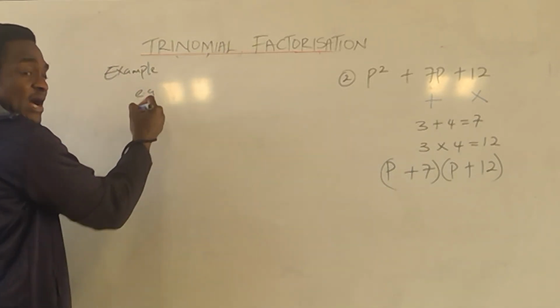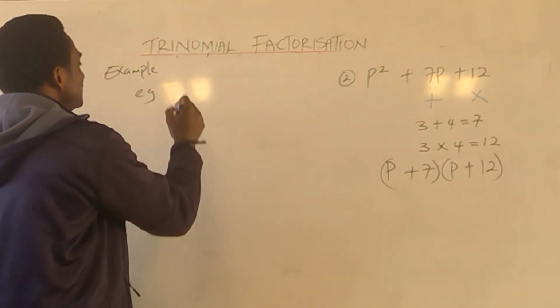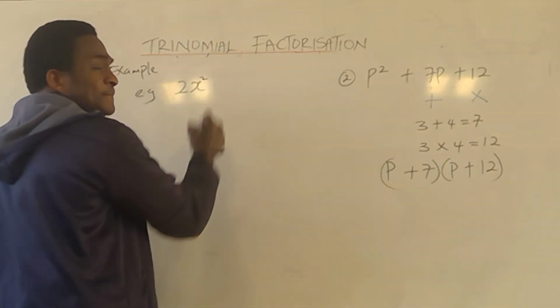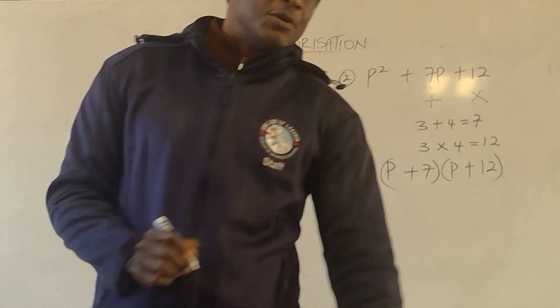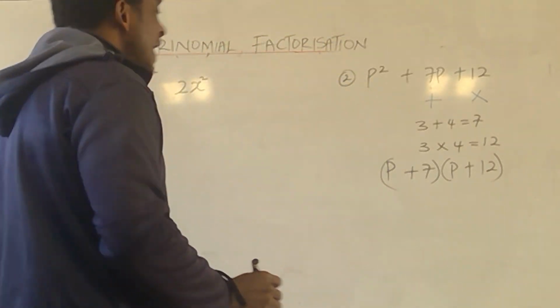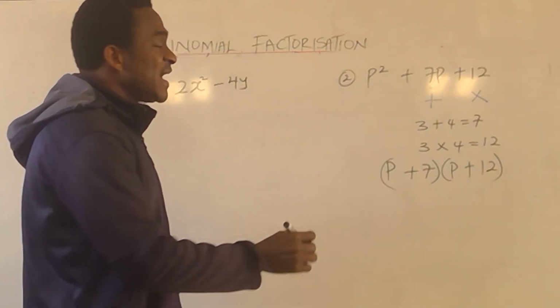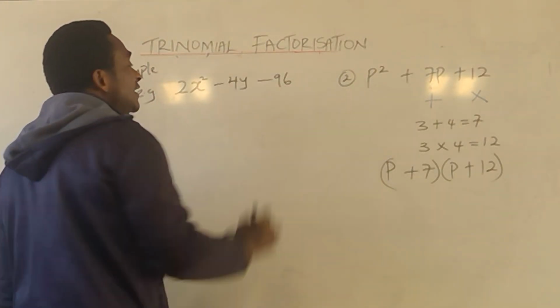If we have 2x squared minus 4x minus 96, and we are asked to factorize.